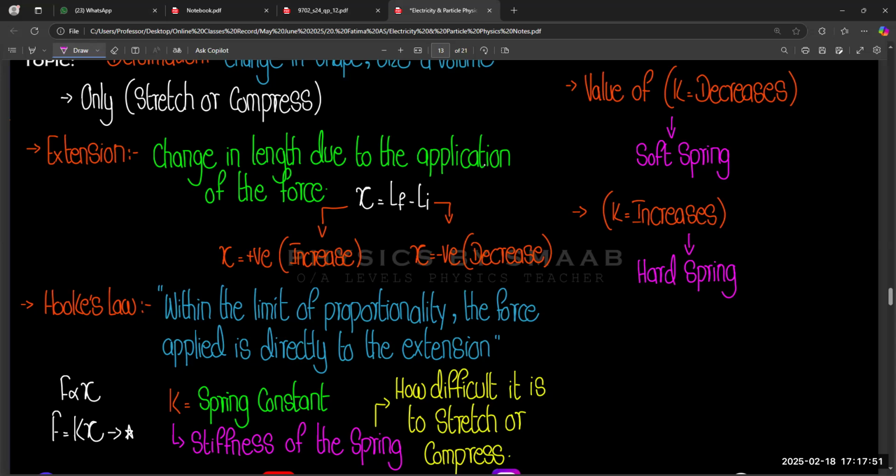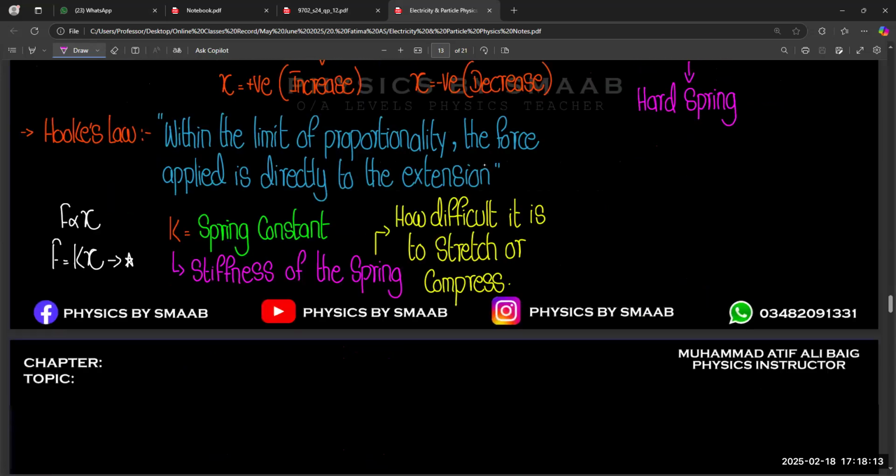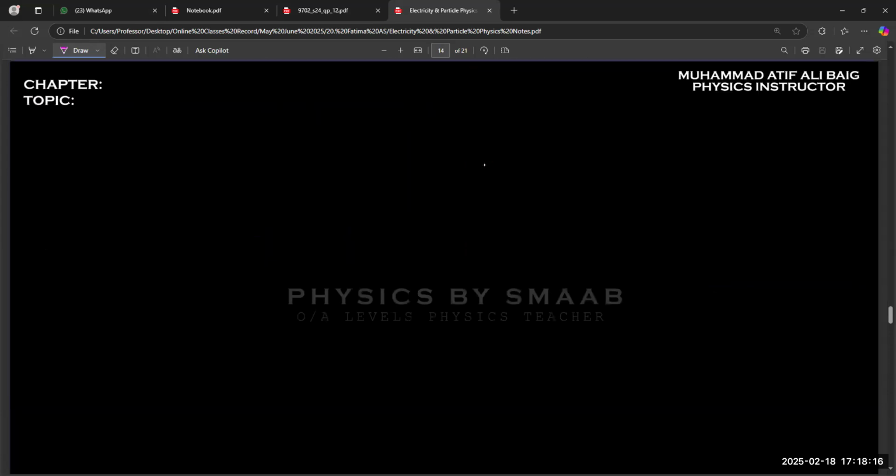Now the second important part that we discussed is why the limit of proportionality and the elastic limit, these two terms, are different from each other, and how we can differentiate them, because in the previous course we studied both terms as the same, with no difference between them. So for that, let's suppose we consider a graphical representation.